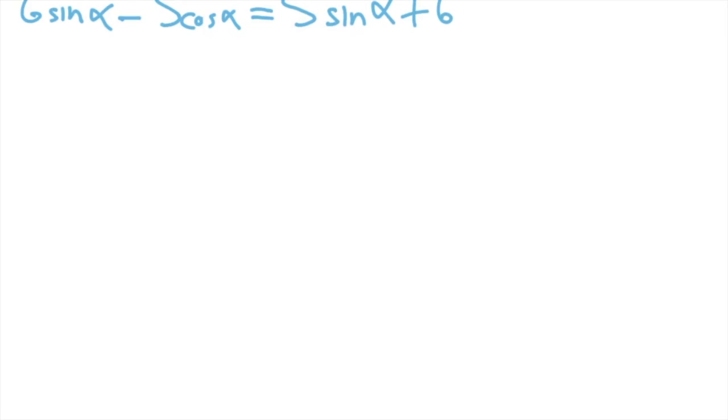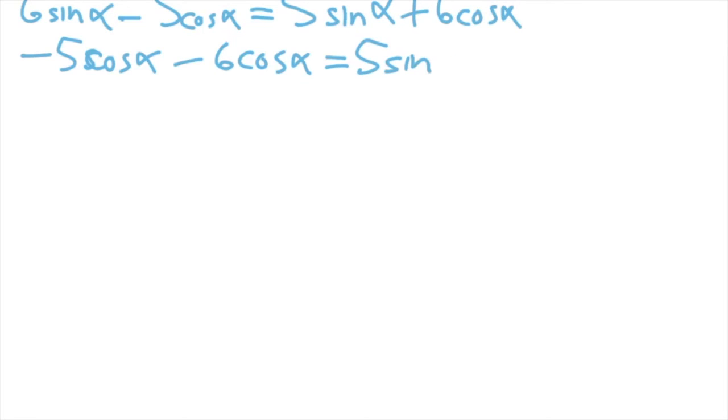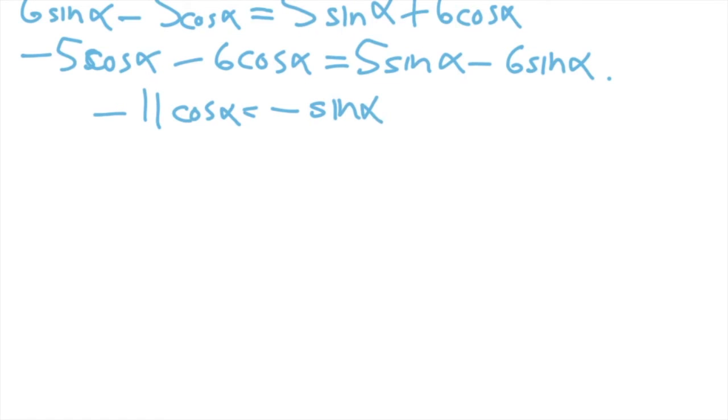Just bring it over and collect the like terms, so you get negative 5 cos alpha minus 6 cos alpha equals 5 sine alpha minus 6 sine alpha. So this is negative 11 cos alpha equals minus sine alpha.